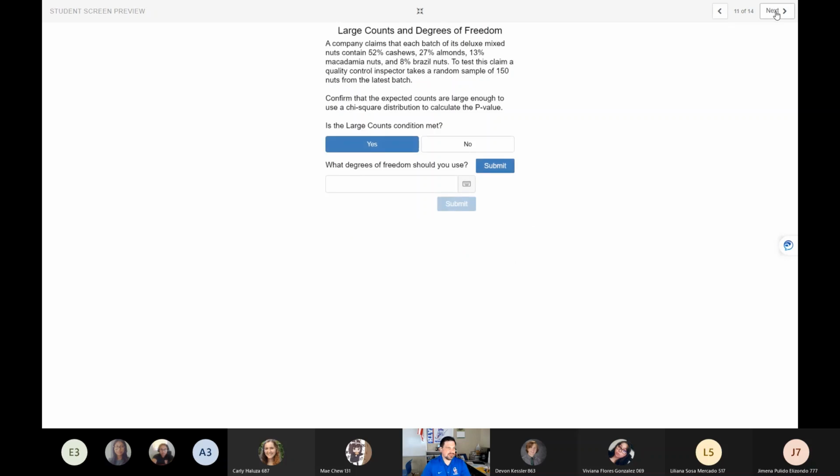That's the large counts condition in this case, so it has been met. Our degrees of freedom: we have 4 categories of nuts, cashew, almond, macadamia, and Brazil. That means the degrees of freedom that we will use for our chi-square distribution is 3, 4 minus 1.